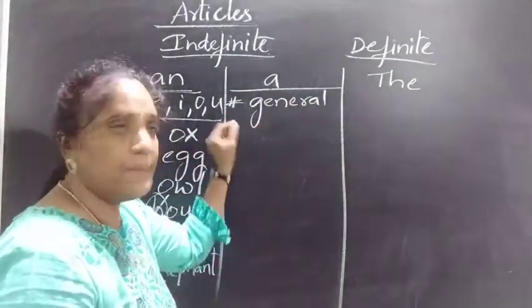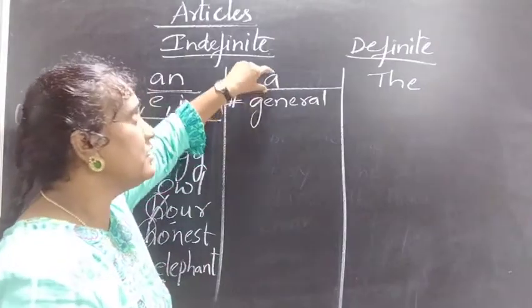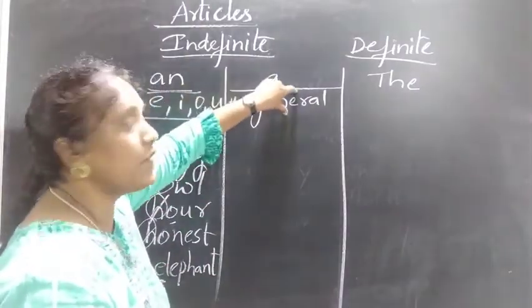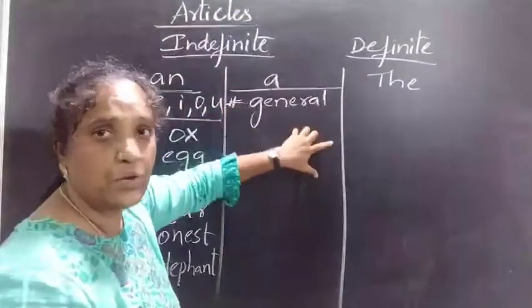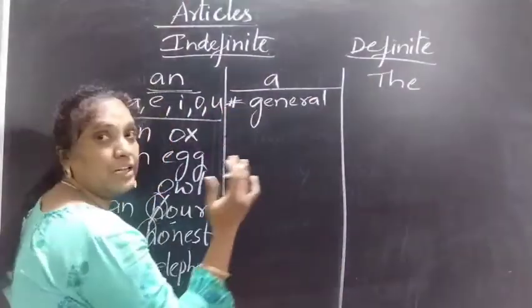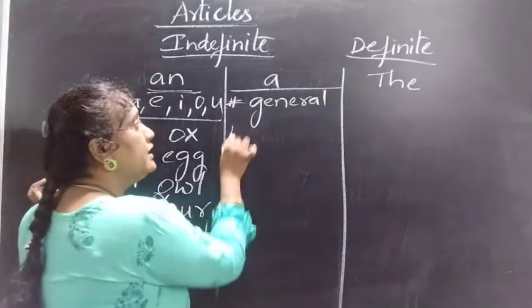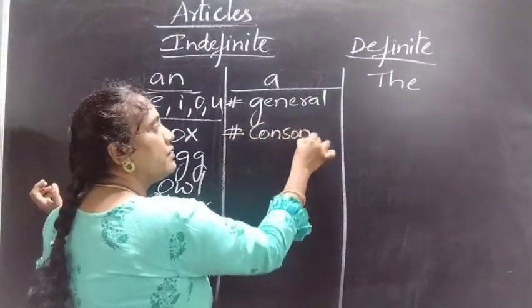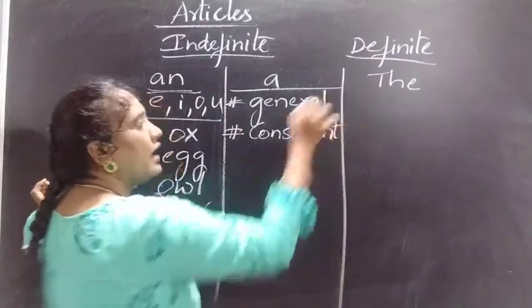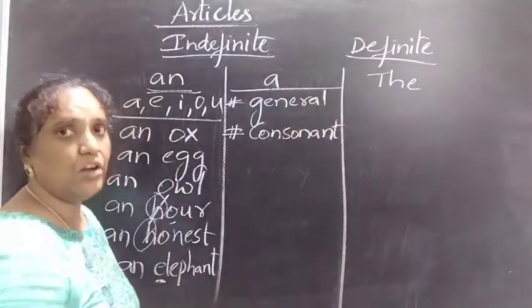A is the letter which we use in front of general things. It must start with a consonant sound or a consonant.